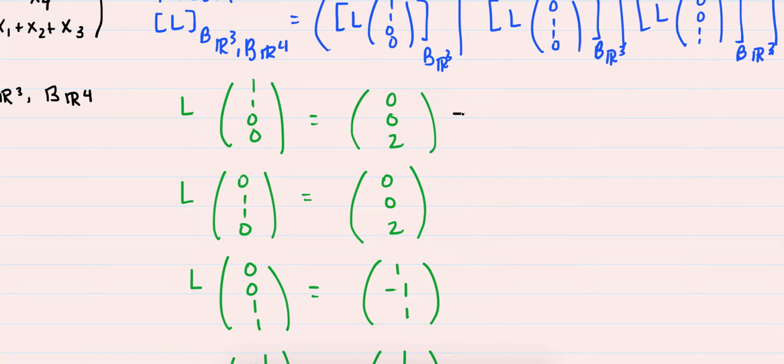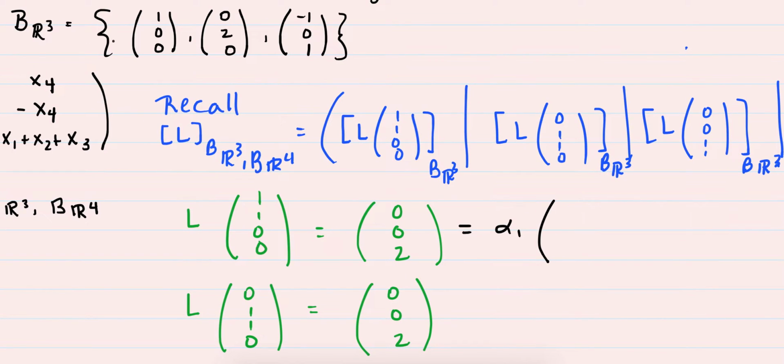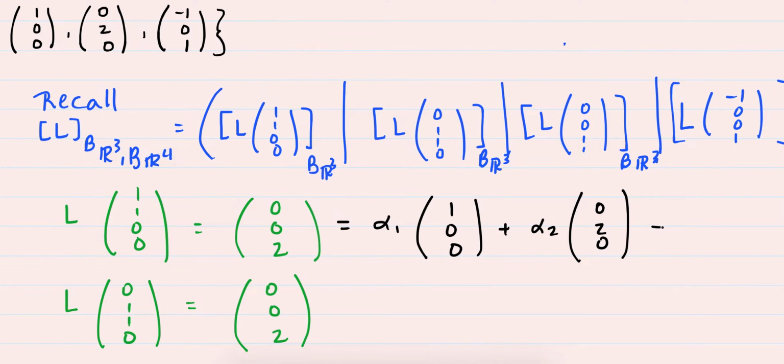So this is equal to an alpha1 times, well, let's look back at that basis. Here it is right here. 1, 0, 0 plus alpha2, 0, 2, 0 plus alpha3, -1, 0, 1. Okay, what are these alphas?